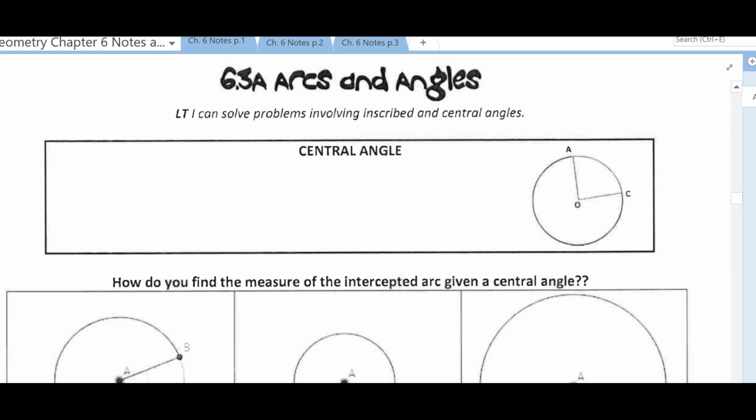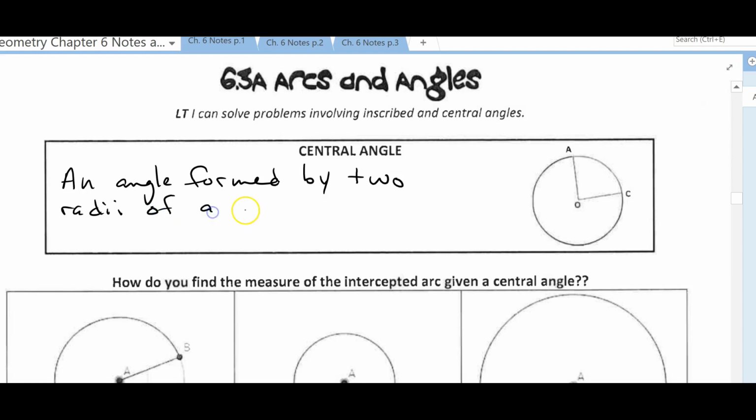So this is an angle formed by two radii of a circle.